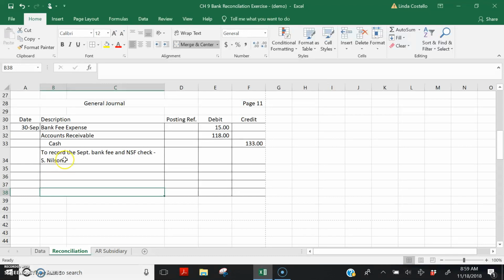And finally, let's post this accounts receivable debit to S. Nielsen's customer card in the accounts receivable subsidiary ledger.